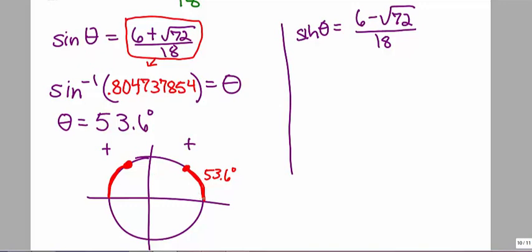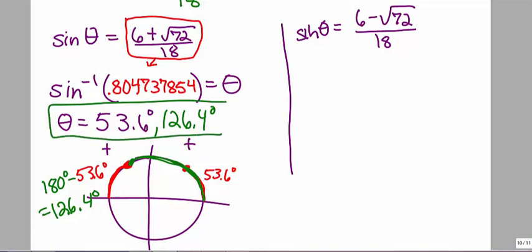And we want to know, if we started here and went all the way to this point, what would this angle be? So we're going to have to do 180 degrees minus that reference angle, 53.6 degrees. So to find that quadrant 2 angle there, we're going to subtract from 180. So 180 minus that reference angle, we get 126.4 degrees.